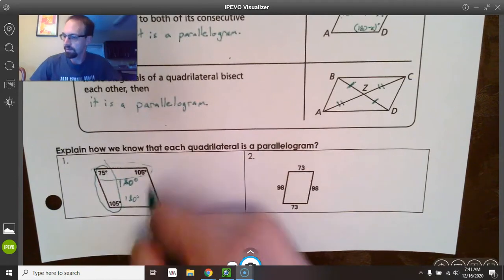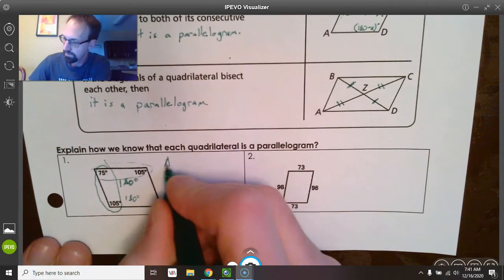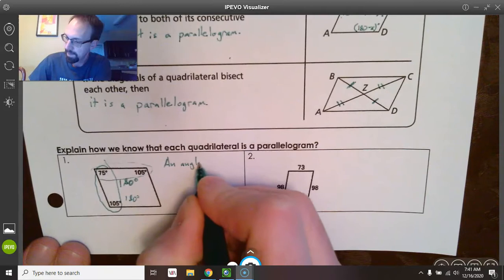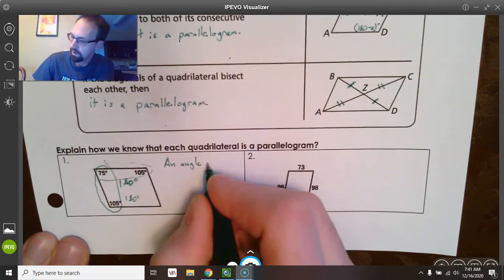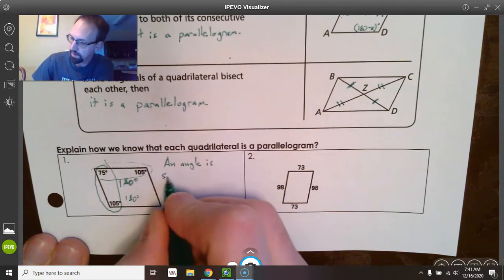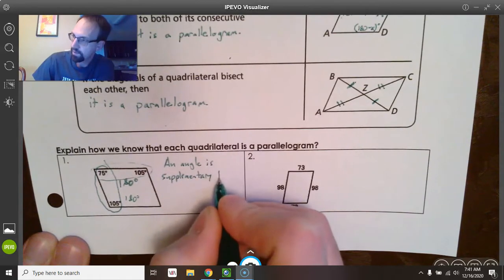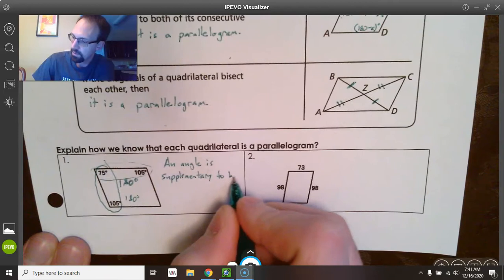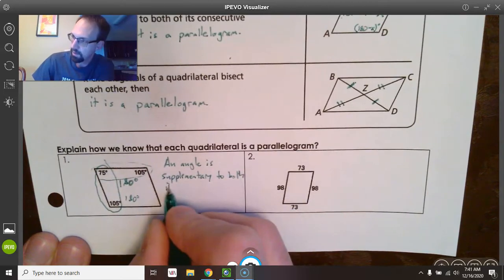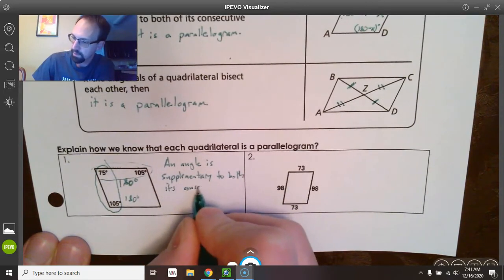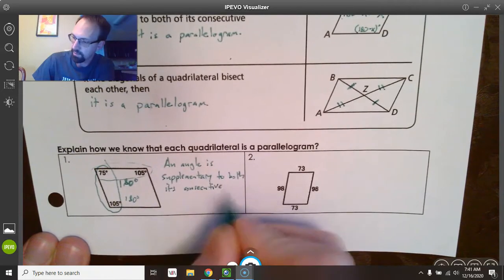So we have an angle is supplementary to both its consecutive angles.